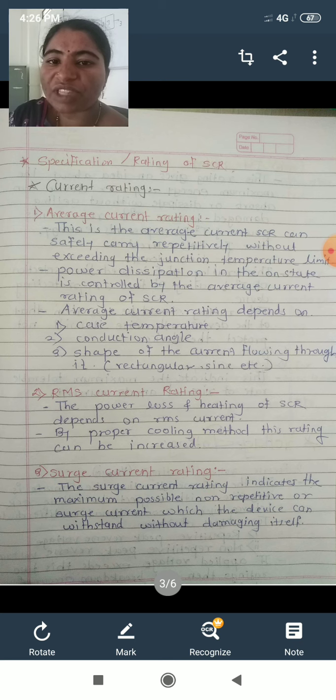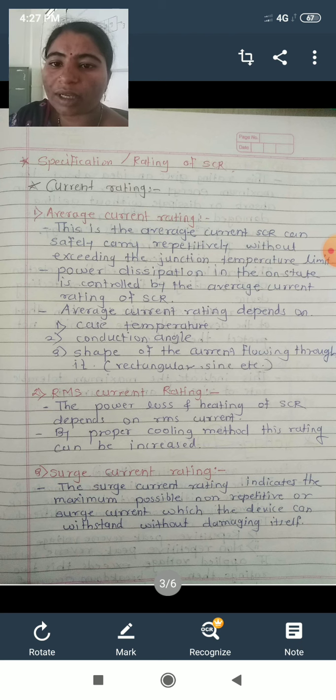Now see, this is the average current that the SCR can safely carry repeatedly without exceeding the junction temperature limit. This means this current does not damage the SCR.